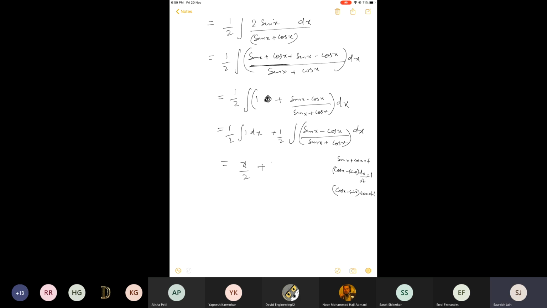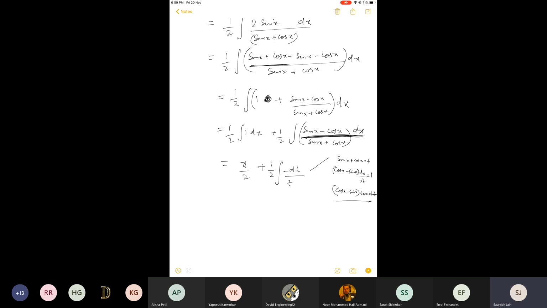So in the numerator we can see we have sin minus cos dx. Sin minus cos dx, here we have cos minus sin dx. So what are we going to use? In place of dt, I will write minus dt. Reason is obvious. Cos minus sin dx is dt and sin minus cos dx will be minus dt.